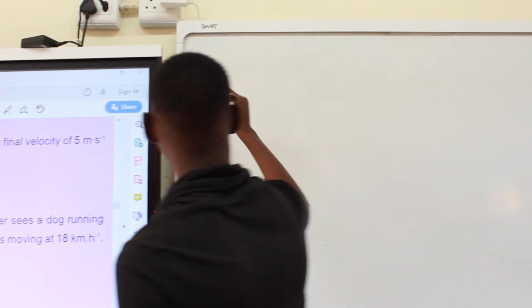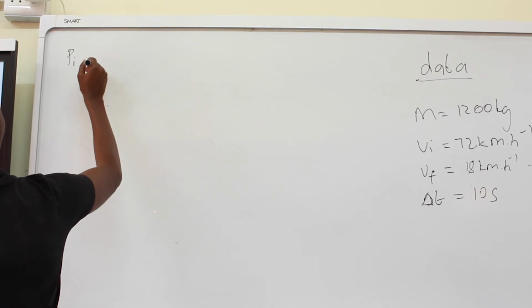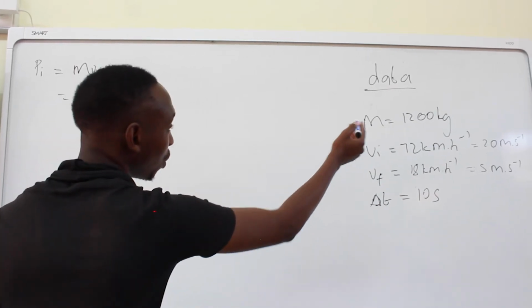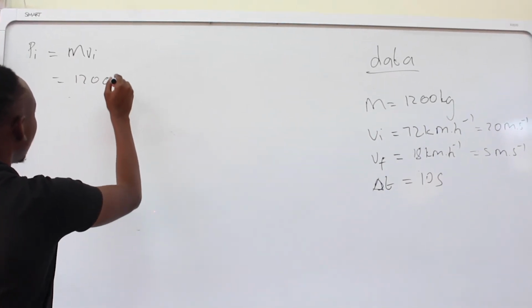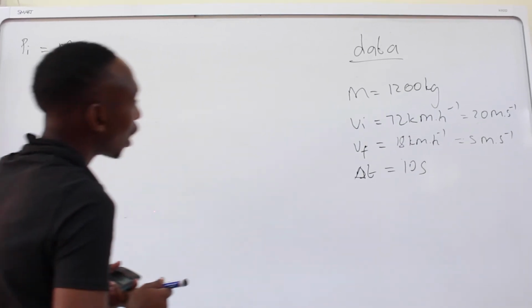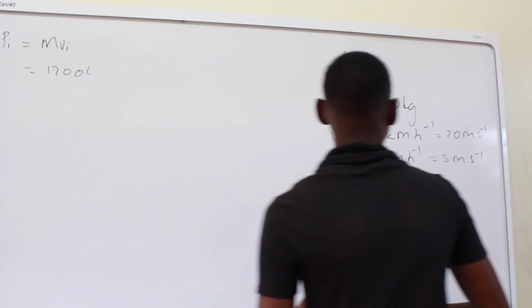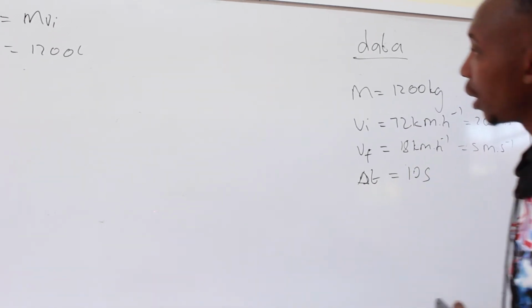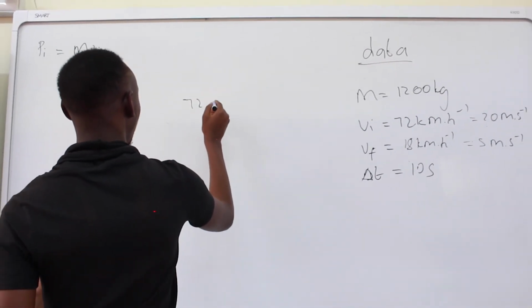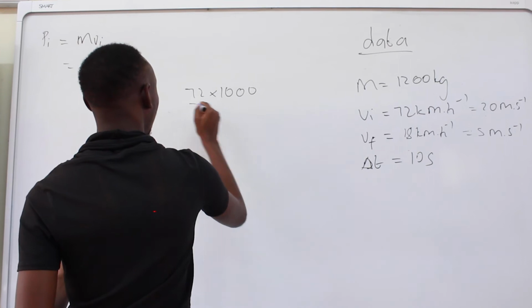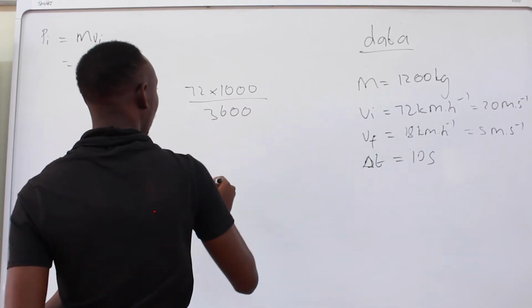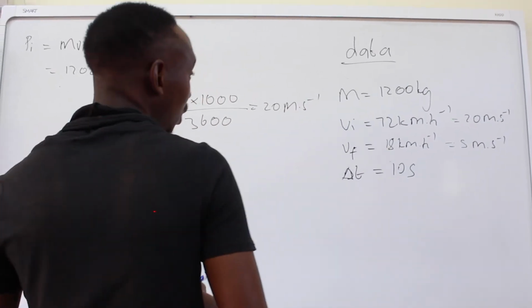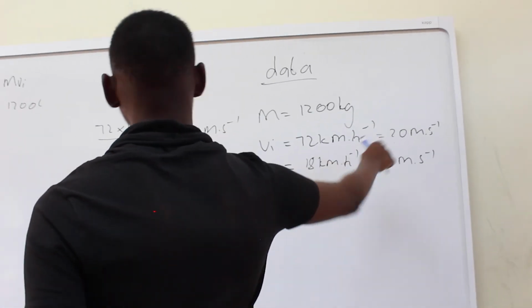So the initial momentum of the car, P initial, is the same as m times initial velocity. For mass, you substitute 1,200 times the initial velocity. Because they gave you velocity in kilometers per hour, you have to convert from kilometers per hour to meters per second. You say 72 times 1,000, divide by 3,600, and you get a velocity of 20 meters per second.